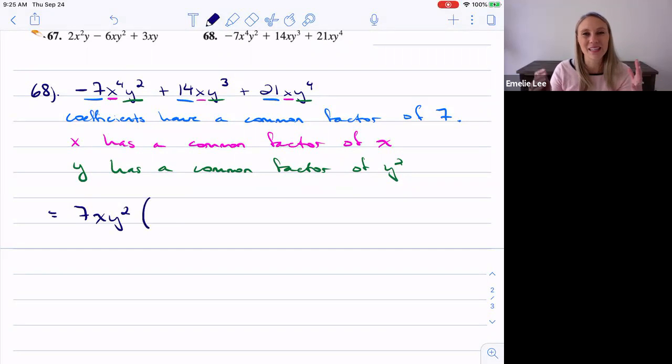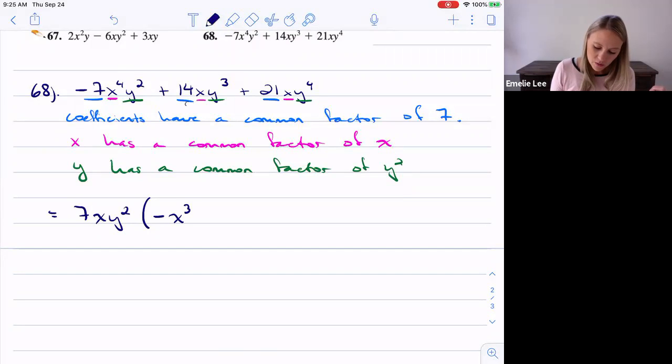And then in brackets, I'm going to write out everything that's left. I need to have negative, so I've got a negative remaining here. I've pulled out one x, but I need x to the 4th here, so I'm going to be left with x to the 3. And then I've pulled out the entire y squared, so that's moved out to the front.